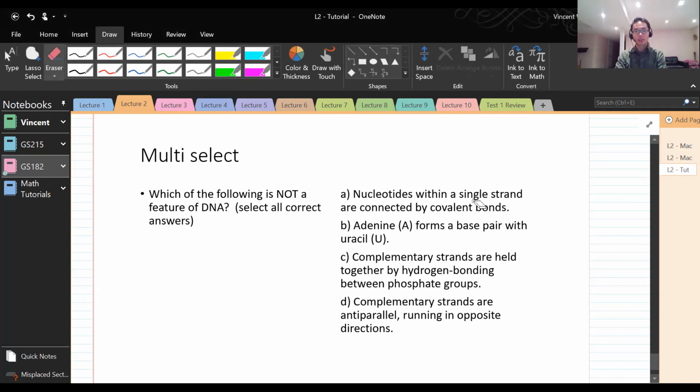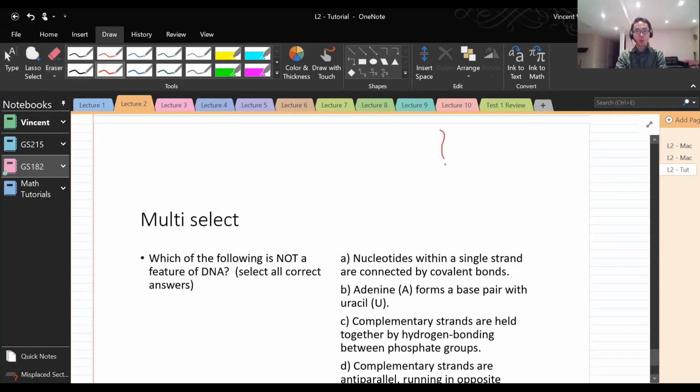That is a correct one. I see that a lot of people chose this one because you see the word single strand. What this is saying is within one strand, it's made up of nucleotide, nucleotide, nucleotide, nucleotide. What's connecting the nucleotides together? It is the covalent bond.